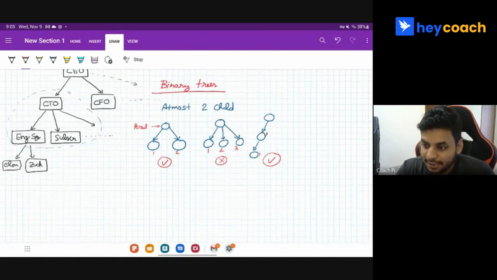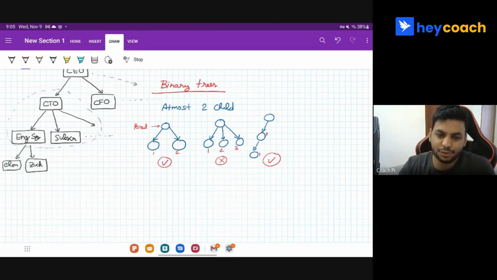So in a simple manner, we can always think of a binary tree as a tree where we will have only two children. There won't be any more than two children. There can be no children as well. If we see this particular example, there are no children to this particular node. And this property has to be consistent with all the nodes.